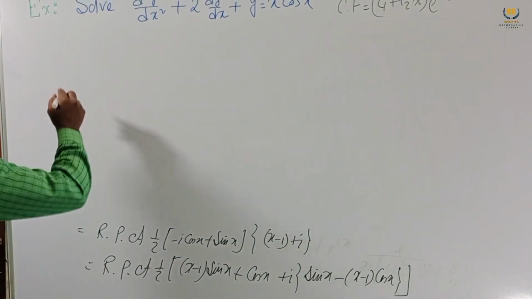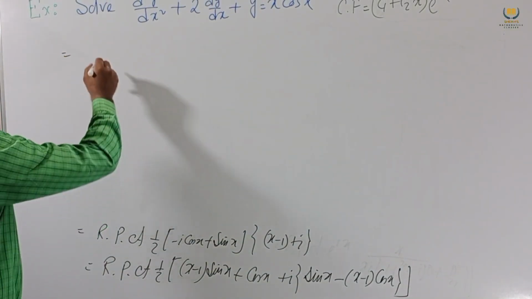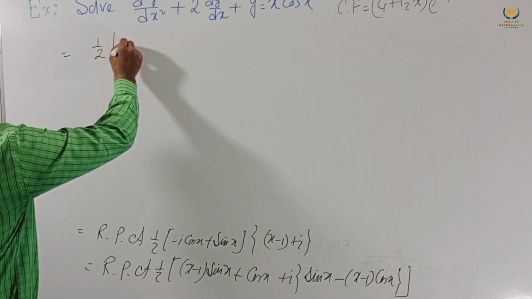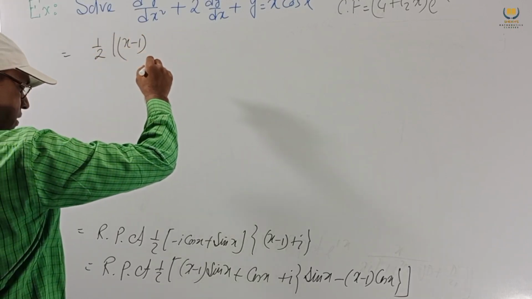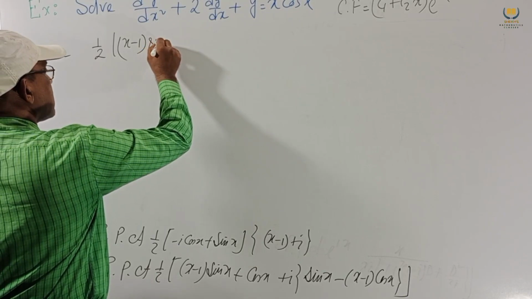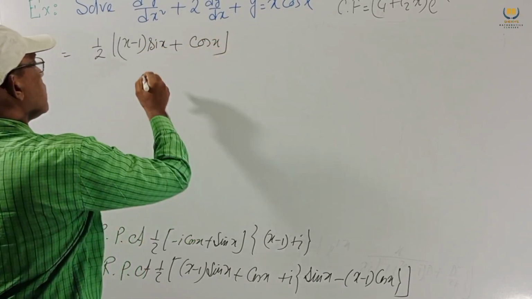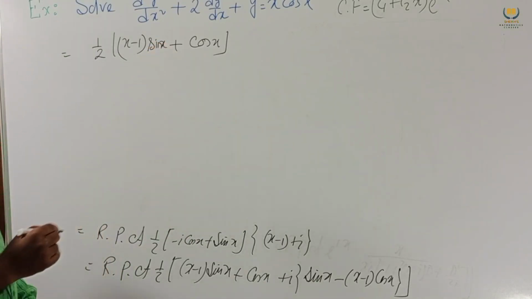So what we get, real part of this means 1 by 2 ((x minus 1) sin x plus cos x). This is our real part.